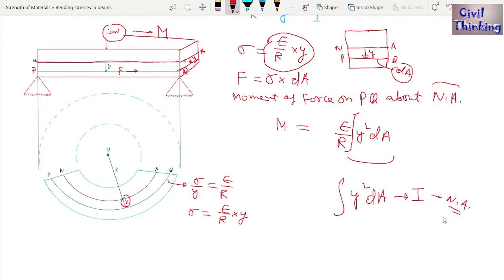Again, if you don't know about the moment of inertia, please watch my video lecture on moment of inertia. Anyways, now we know integration of y square dA is I, the area moment of inertia about the neutral axis. So here we can replace the integration of y square dA with I, right?